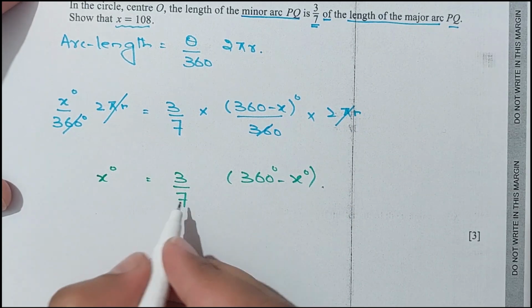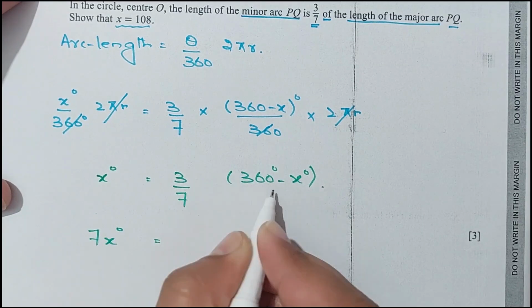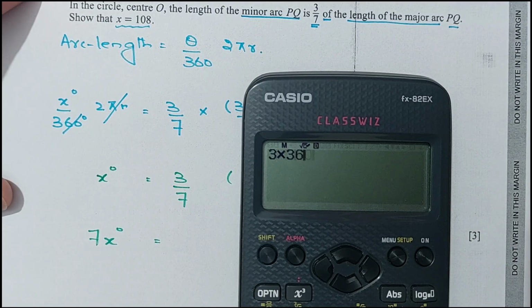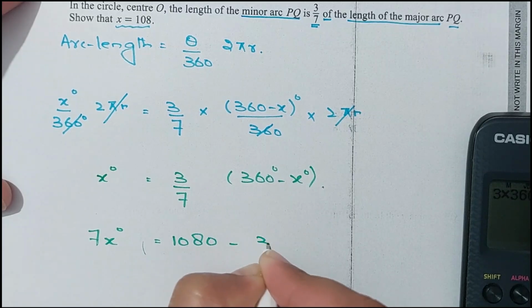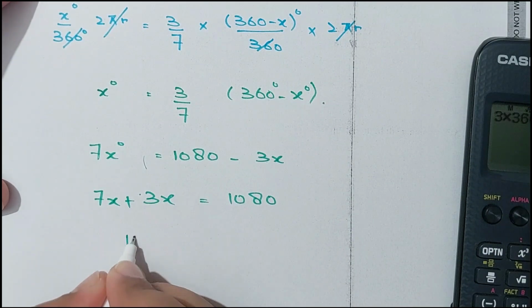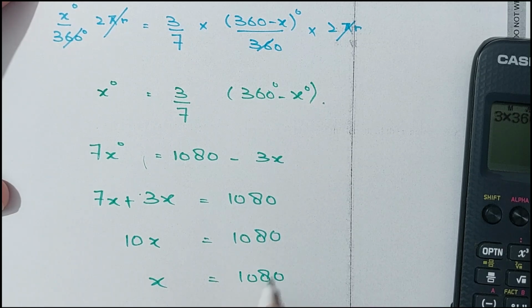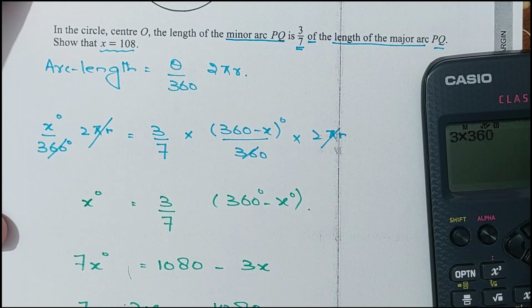Solving for x, cross multiplied: 7x equals 3 times 360 minus 3 times x. 3 times 360 is 1080 minus 3x. 7x plus 3x is 1080. This would be 10x equals 1080. So x equals 1080 over 10. Zeros cancel, so x is equal to 108. So we have shown that x is 108.